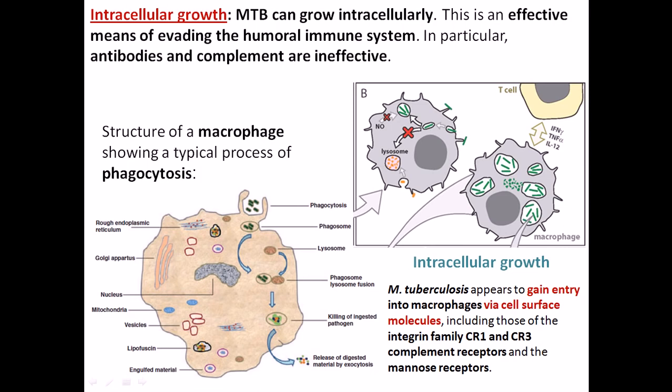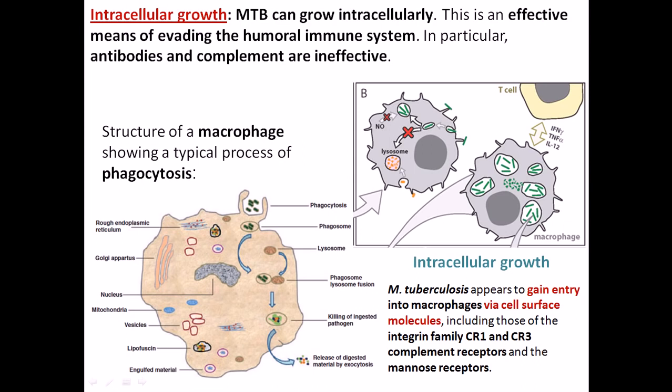So it's not just that the bacteria gets inside the cell, destroys the cell, comes out and then divides. It's not like that. They can literally grow and divide inside the host cells. That is called the intracellular growth property of Mycobacterium tuberculosis.